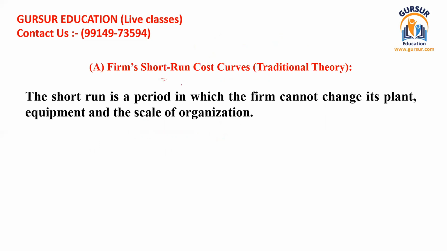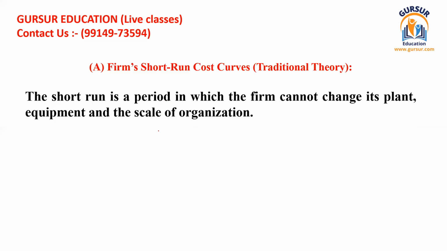Short run is the short period in which you are not in a position to change your input levels. And in case you are not able to change your input levels, the law of variable proportion applies, which I have already explained in detail in the previous lecture regarding the production function. So in case of short run, only the law of variable proportion applies.